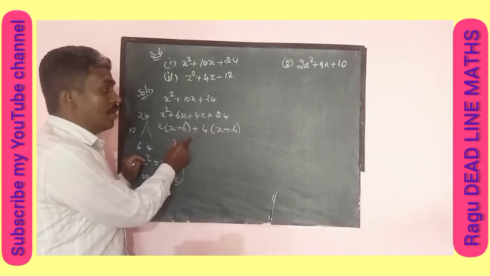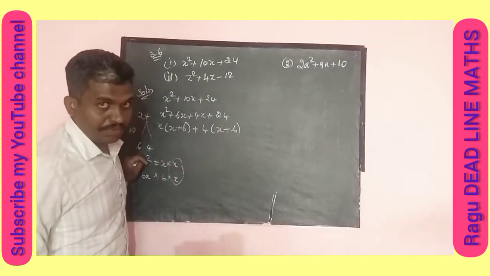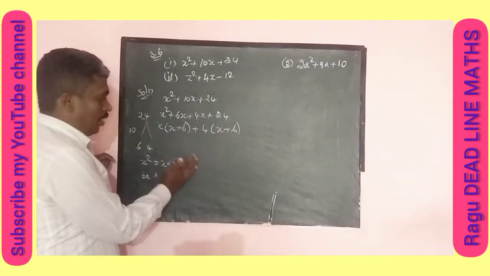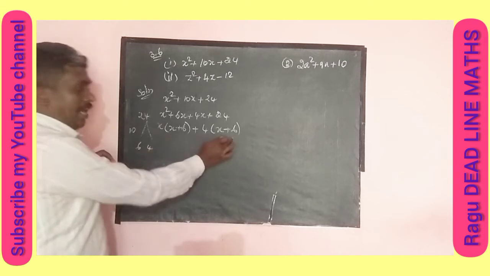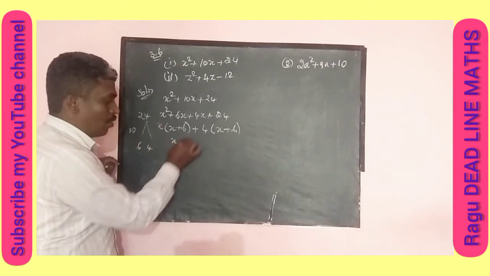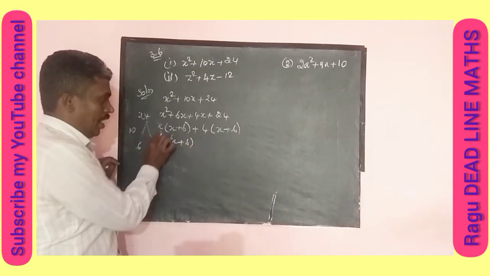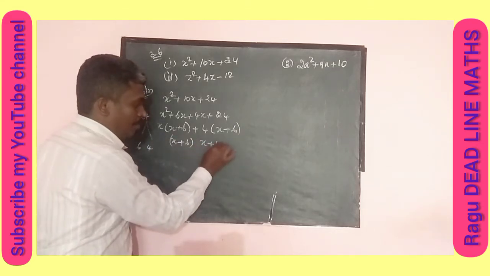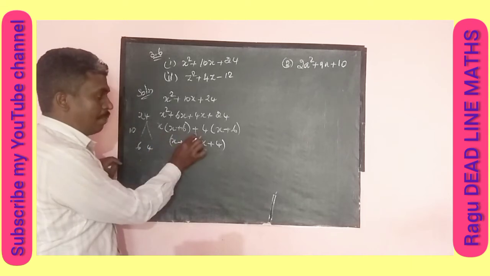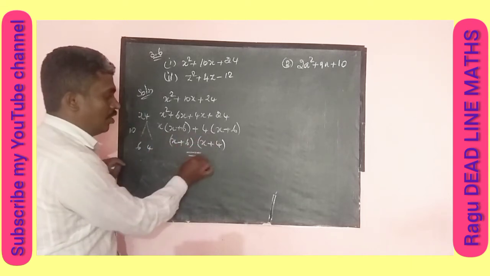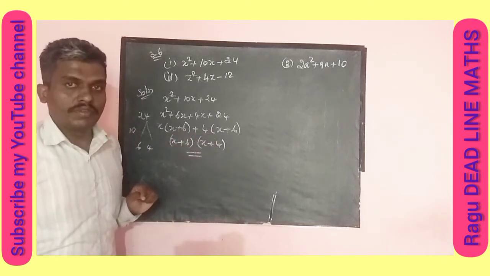If it is not equal, your factorization is wrong. So next, x plus 6 is common, and the other factor is x plus 4. That's all. So this is the factorization.